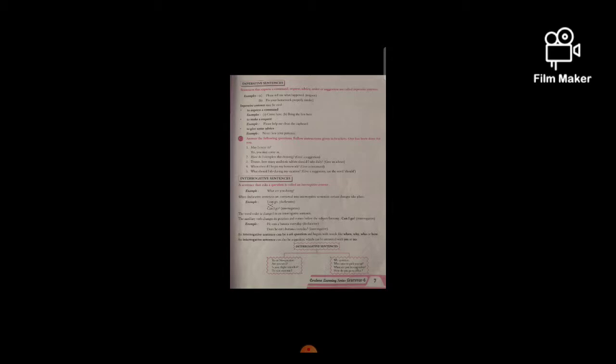It is given I can go. It is a declarative sentence. But the verb is placed before the pronoun and we have put a question mark at the end of sentence and it became an interrogative sentence.